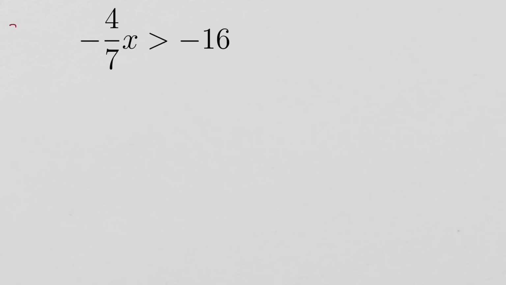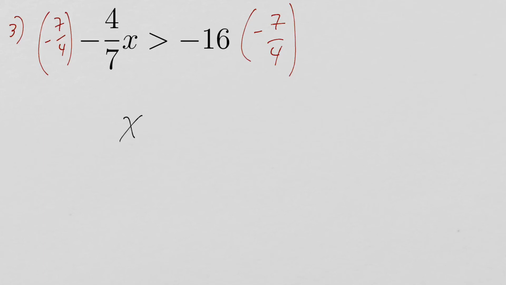Okay, number 3. I'm going to start by getting rid of my fraction on both sides. So I'm going to multiply by negative 7 over 4, and I'll do that over here, negative 7 over 4. On the left, it'll leave me with just x. Because I'm multiplying by a negative, this inequality flips directions to a less than, and then I'm going to cancel. 4 goes into 16 4 times, and I multiply to get a positive 28.